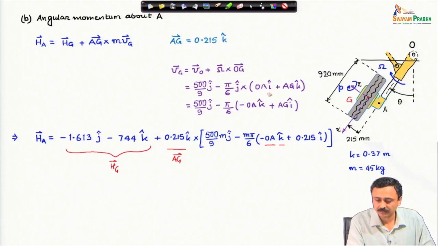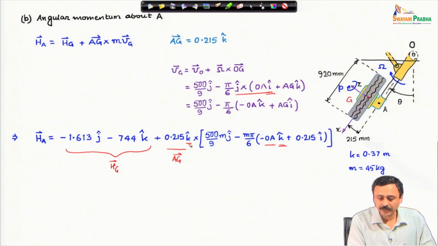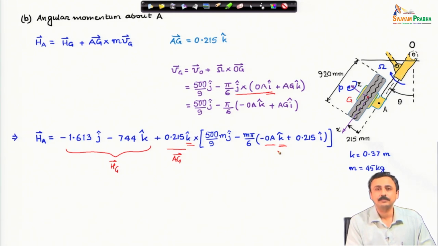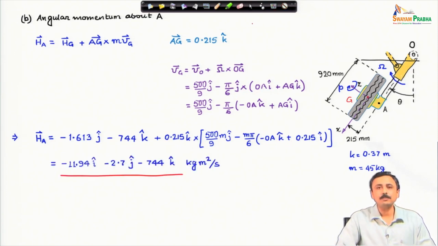This was in the i cap direction, of course, and after I have taken this cross product with j cap, now it has the direction in k cap. A g is already in the k cap direction. Therefore, this term will not contribute, because k cap cross k cap will go to 0. We make a further step. I simplify and do this calculation, and this is what I get. This is the absolute angular momentum about A of the wheel.